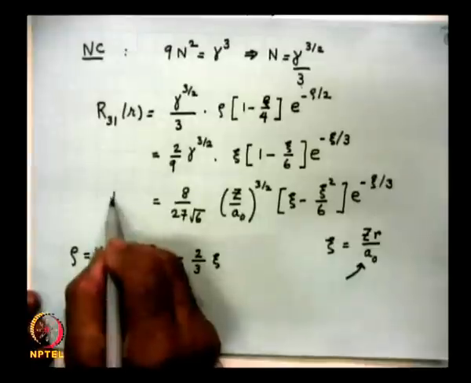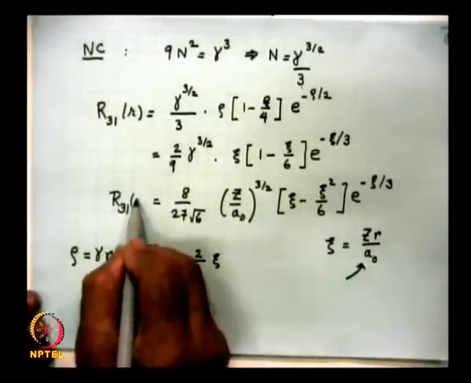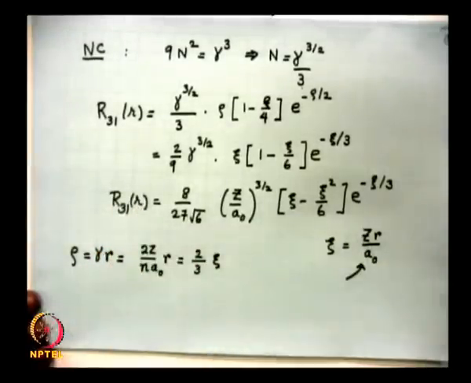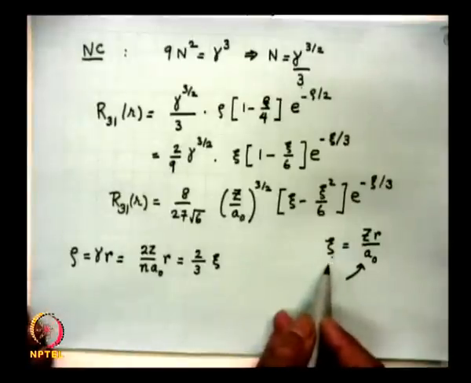So, this is the rigorously correct normalized wave function, and it is in terms of the variable xi that most of the wave functions are written.